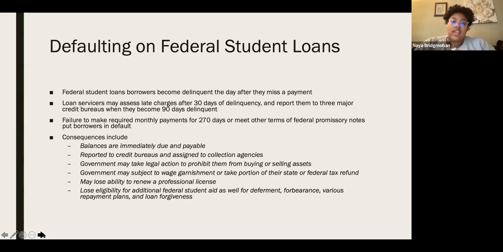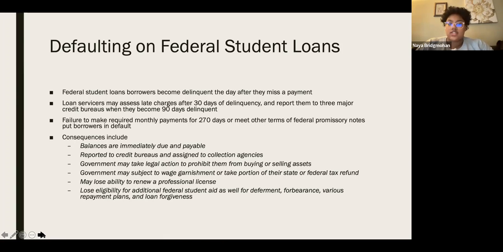Loan servicers may assess late charge fees after 30 days of delinquency and report them to 3 major credit bureaus when they become 90 days delinquent. Failure to make required monthly payments for 270 days or meet other terms of federal promissory notes puts borrowers in default. These consequences include balances being immediately due and payable, reported to credit bureaus and assigned to collection agencies.